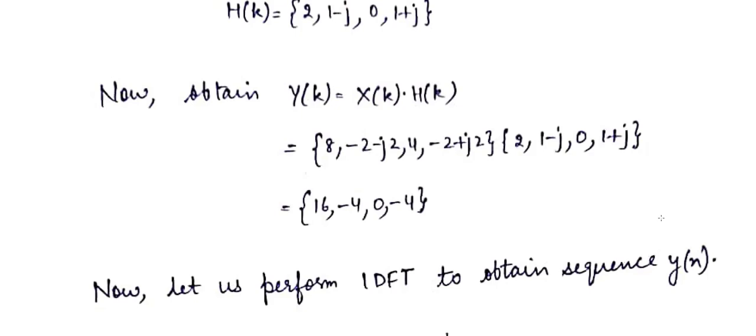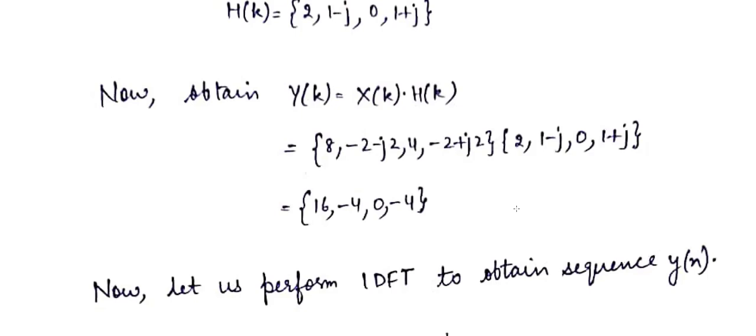So YK will come as 8 into 2 is 16, then you will multiply -2 minus j2 with 1 minus j, and it will come out to be -4. Similarly 4 into 0 is 0, and -2 plus j2 with 1 plus j will give us again -4. In this no complex value is there, so it does not have any conjugate pair.